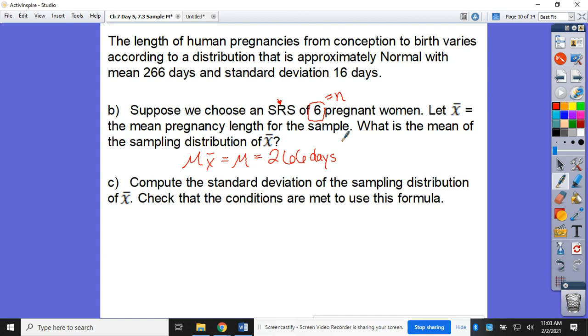Just like I did last time, I'm doing them step by step. So I'm saying, hey, what is this one? This is the thing that you would need to check to go with it. If I were doing the standard deviation of the sampling distribution, I would have sigma of X bar equals what? And what is my sigma?